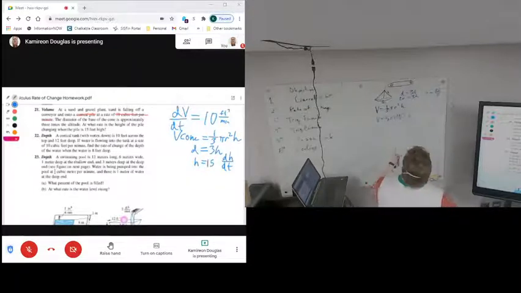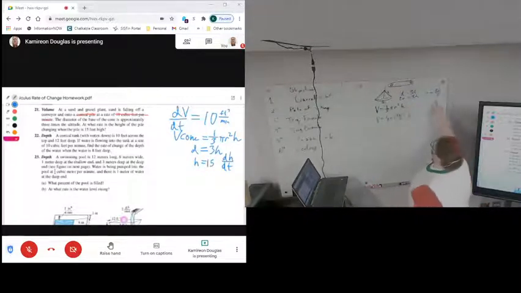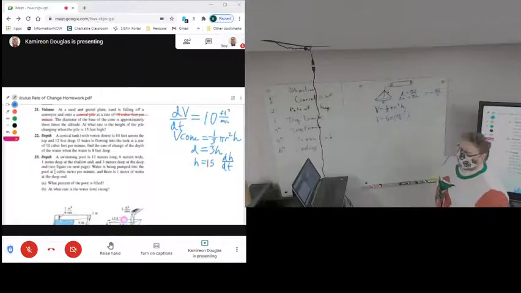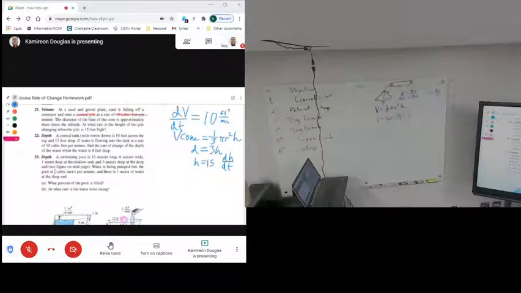Why did you do it this way? Why specifically did we divide by 2 to get R by itself instead of dividing by 3 to get H by itself? What hint gives us that information? We have H. H is 15. But we could easily find D. Just plug it in. That's not a good enough reason.